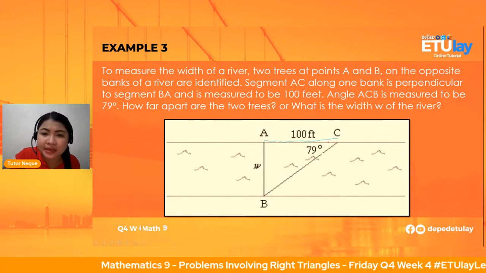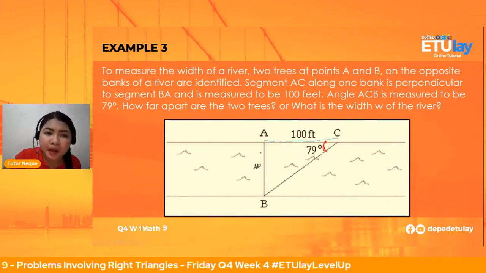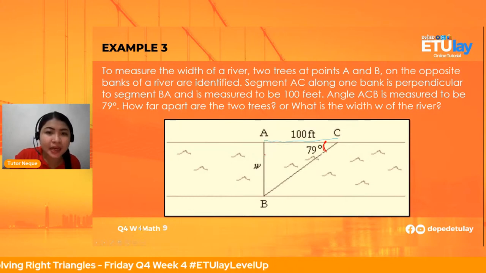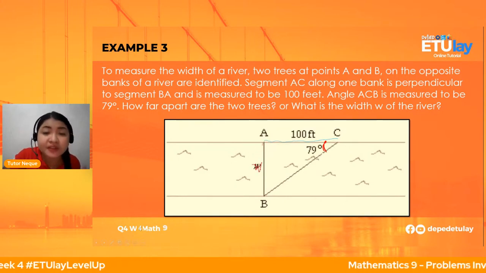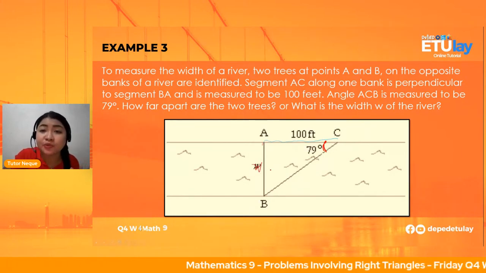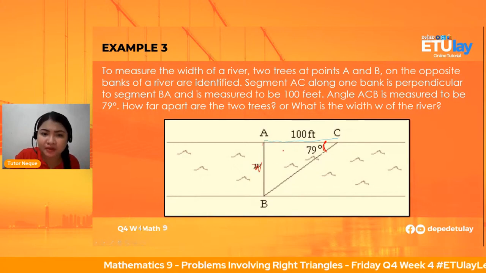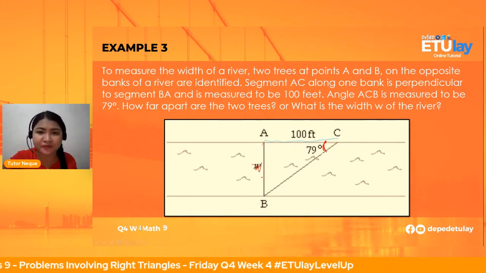Angle ACB is 79 degrees. How far apart are the two trees? Okay, so ito po, gaano ba kalayo? Let us put W, or what is the width W of the river? So, let W be the width of the river.